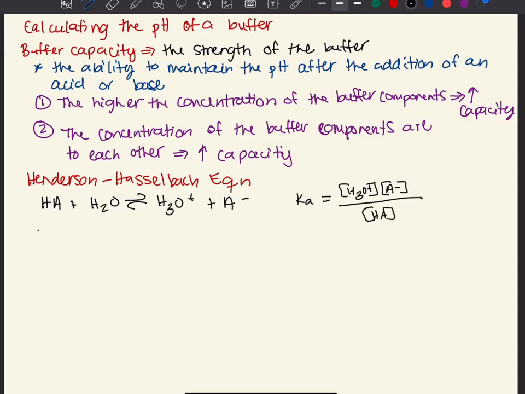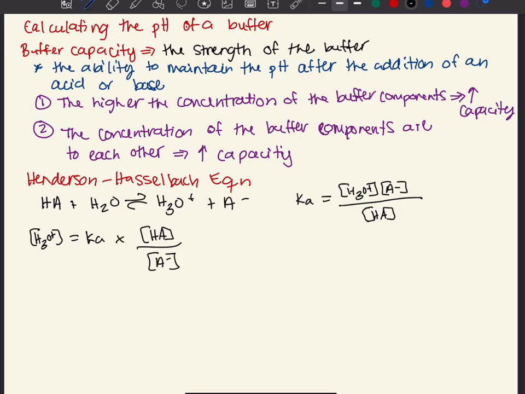So the concentration of our hydronium ion, if we rearrange that, is going to be equal to Ka times the concentration of our acid divided by the concentration of our conjugate base.